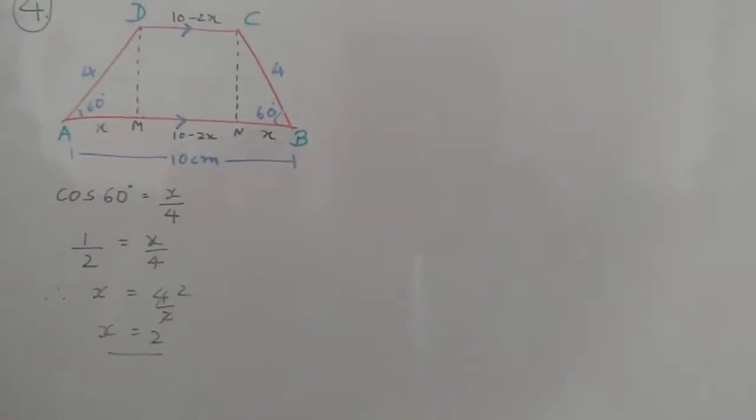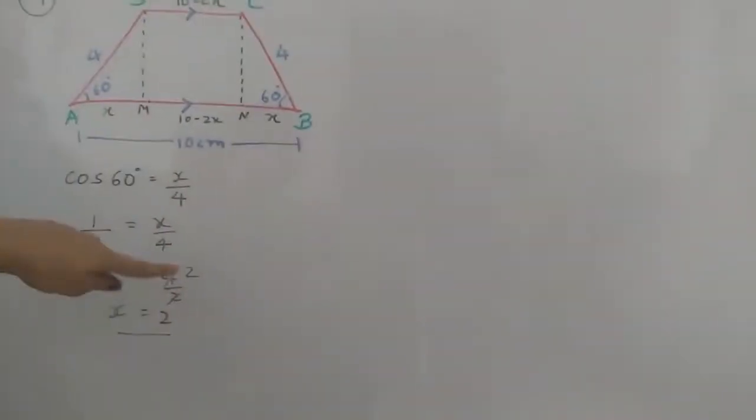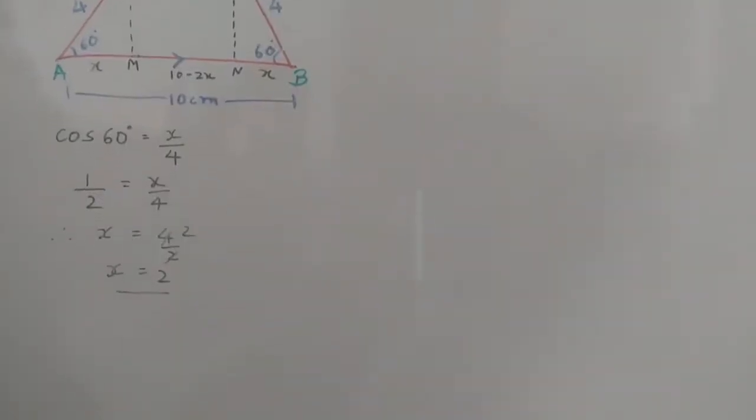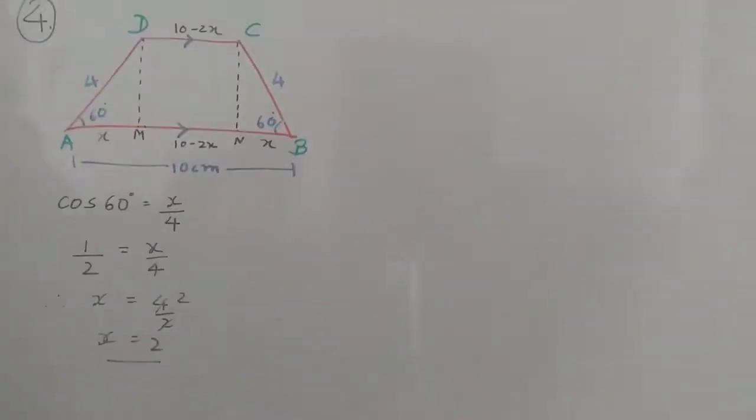It means AD this side and BC this side, both are 4 centimeters. Also angle DAB this angle and angle CBA this angle, both are 60 degrees. So likewise in the figure we have written. Now calculate the length of CD. We want to find this length CD.